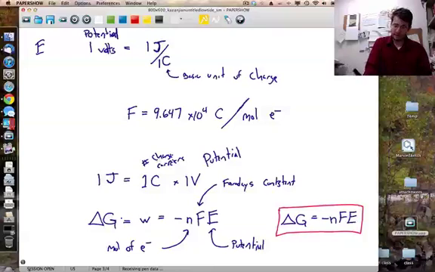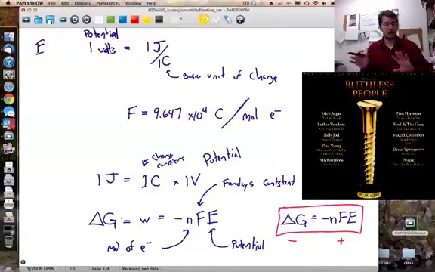Negative delta G's correspond to positive potentials. So when a reaction has a positive potential, that means that it is spontaneous. When a reaction is non-spontaneous, that means it has a negative potential. Of course, it's just the long-running habit of chemistry messing with you.